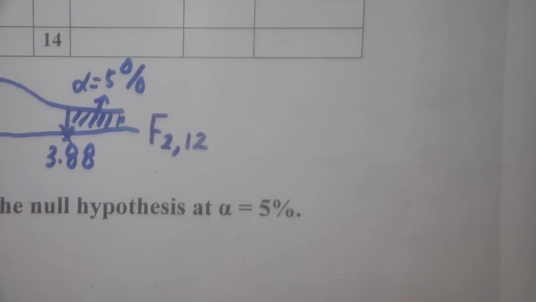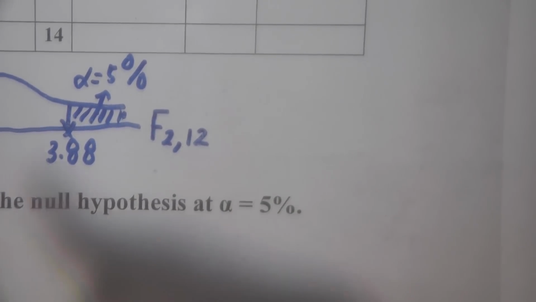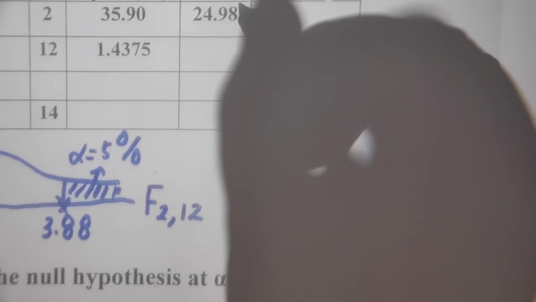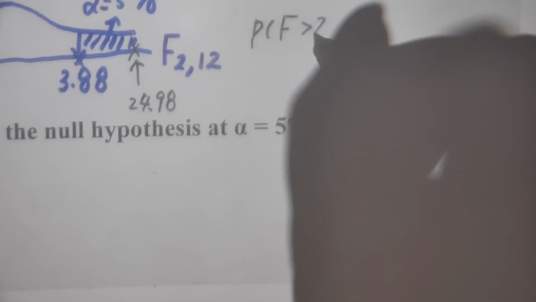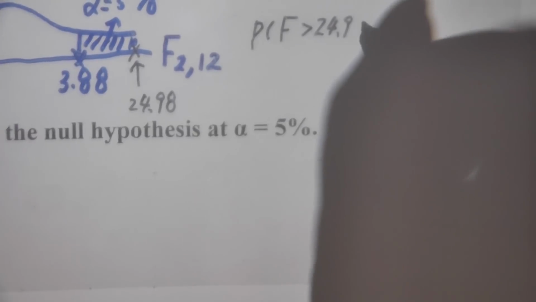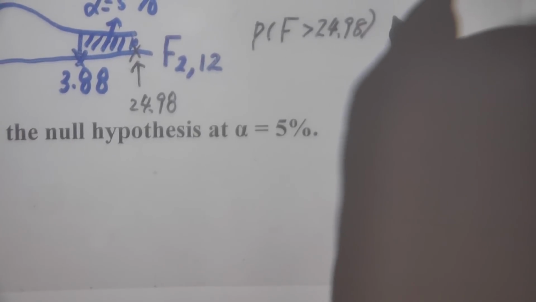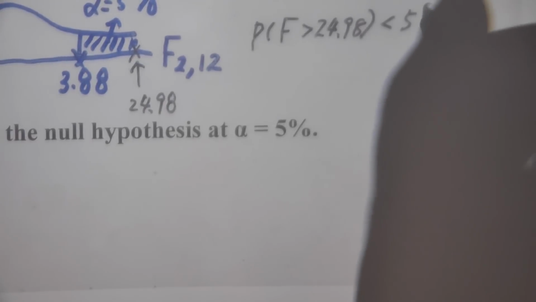And as we can see, F value is 24.98. Therefore, we can say p-value greater than 24.98 is definitely less than 5%.